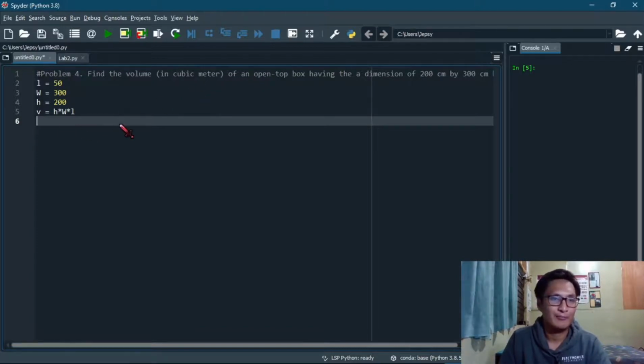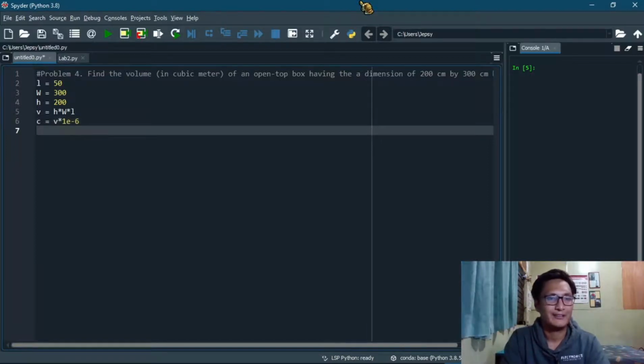So by this, we let C as our cubic meter equal to the answer for the volume V times 10 raised to negative 6. It will not run the system that way, so instead we just use E, our exponent, to negative 6.